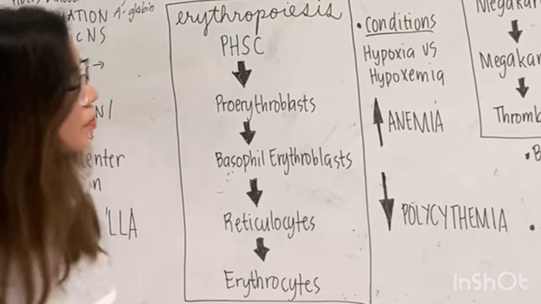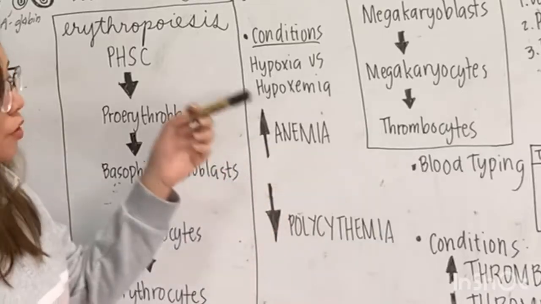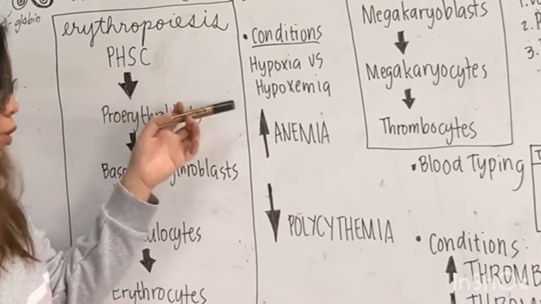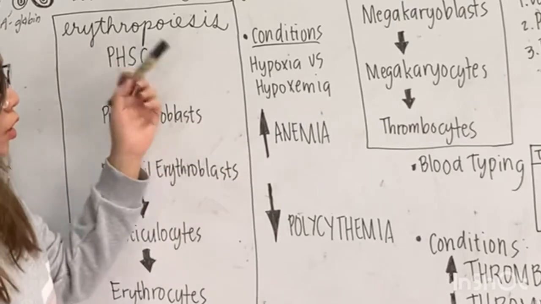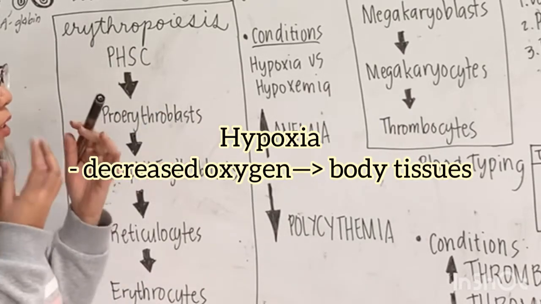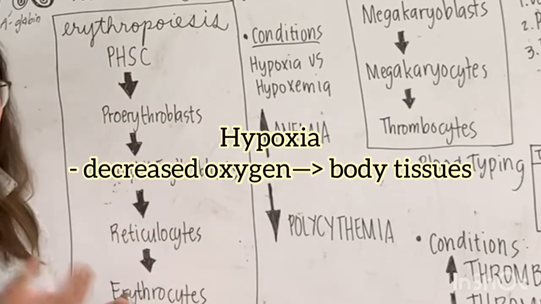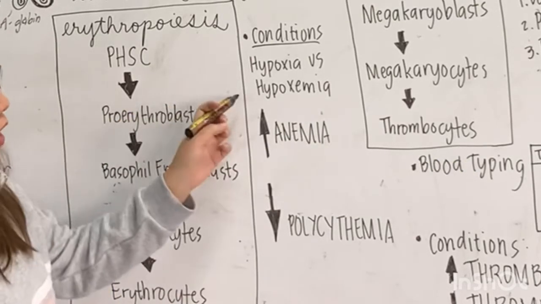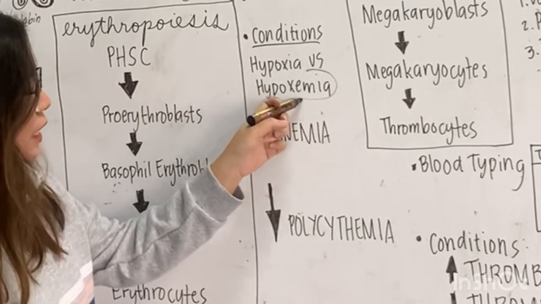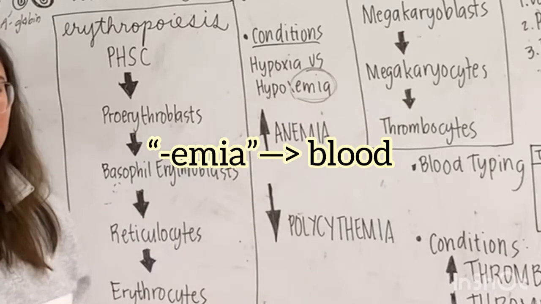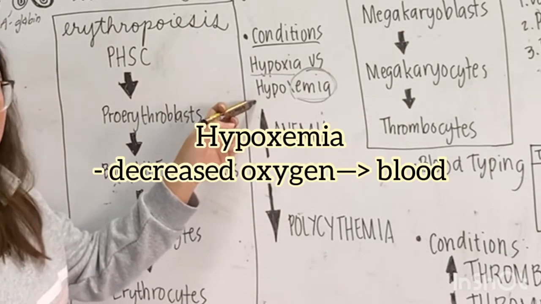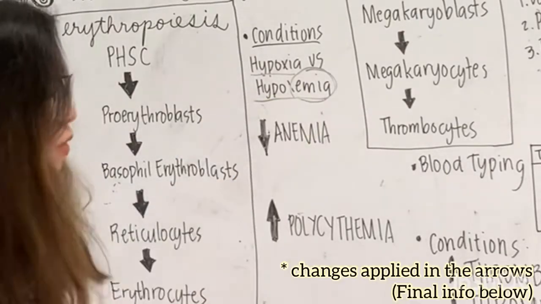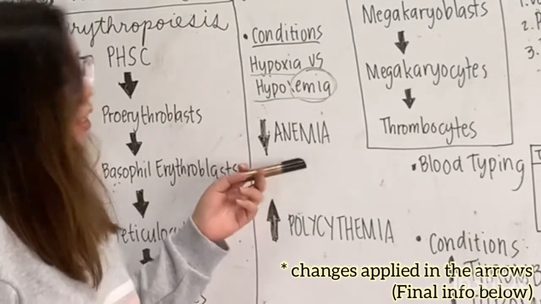Let's talk about your conditions. Let's differentiate hypoxia and hypoxemia. Hypoxia is basically decreased oxygen in the tissues. While for hypoxemia, when you see the word emia, it refers to the blood. Hypoxemia is decreased oxygen in the blood. Now let's move on to the specific conditions.